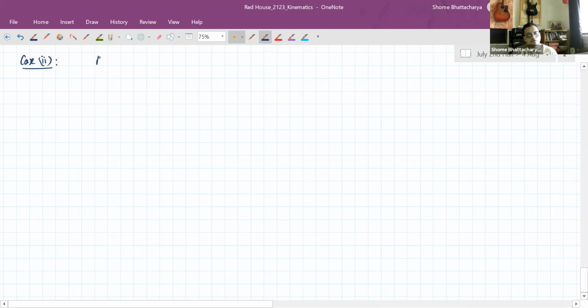Okay, so an object or particle or whatever thrown down. Okay. Or in proper language, you will say it is projected vertically downwards from a certain height.